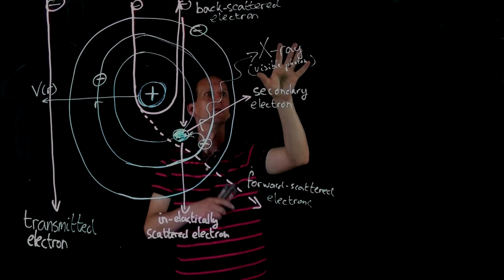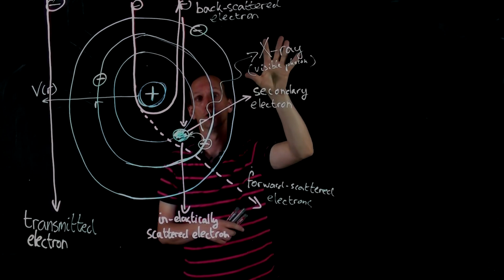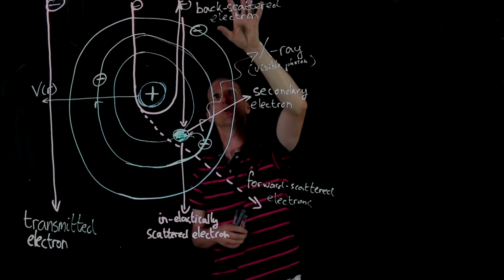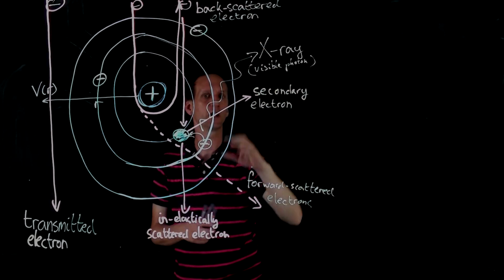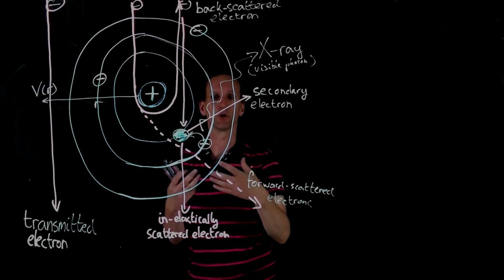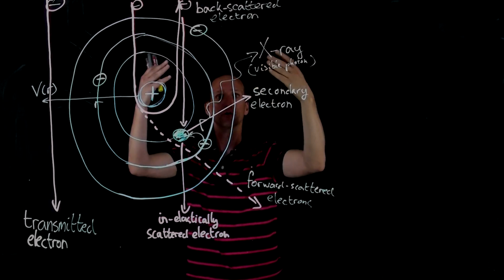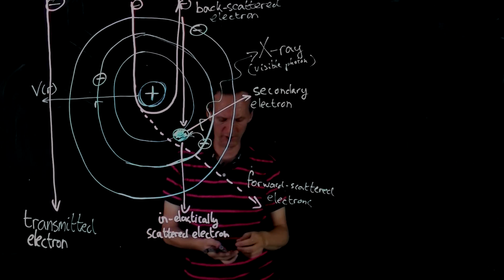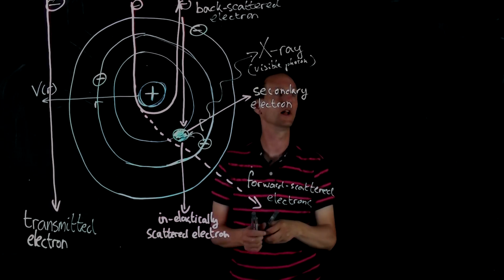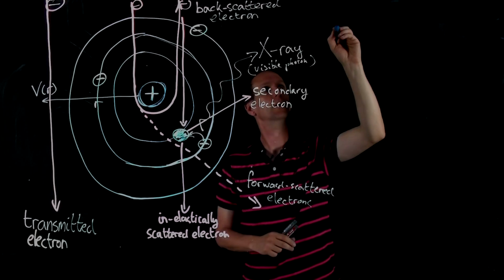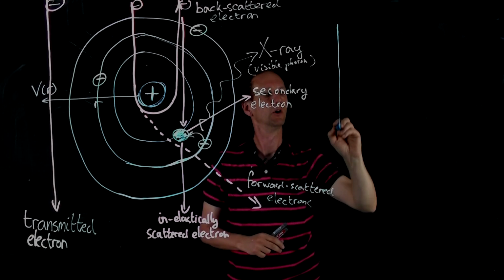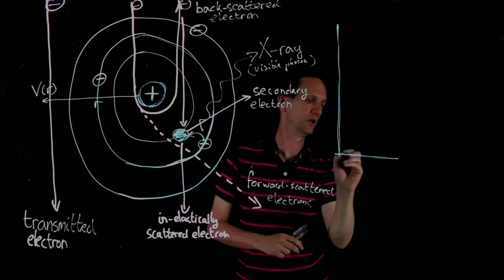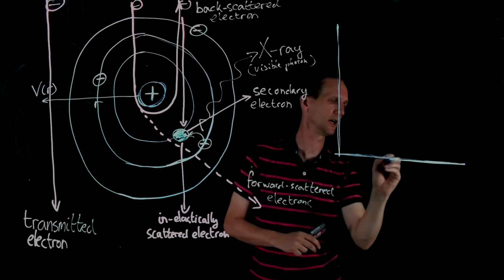So we have signals composed of photons, so light signals, X-rays or visible photons that we can detect. But the other ones, the backscattered electrons and the secondary electrons, are actually electrons. So we have electrons coming in, we have electrons coming out of the material. Now, if outside the material we put a detector and we detect all the electrons that escape from our material, we can plot these electrons as a function of the energy with which they hit the detector.